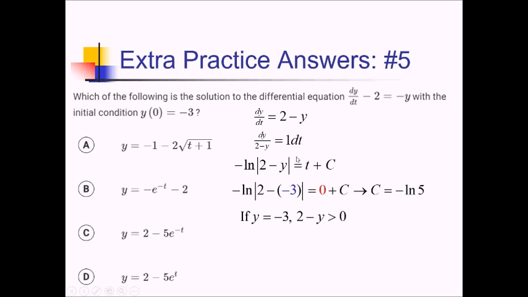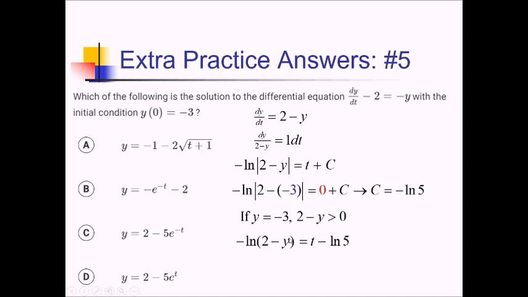We can just replace it with regular parentheses and let the chips fall where they will. So I can rewrite this as negative ln of just normal parentheses, 2 minus y, equals, we have a t, we have a minus ln of 5, and all we have to do at this point is isolate y.